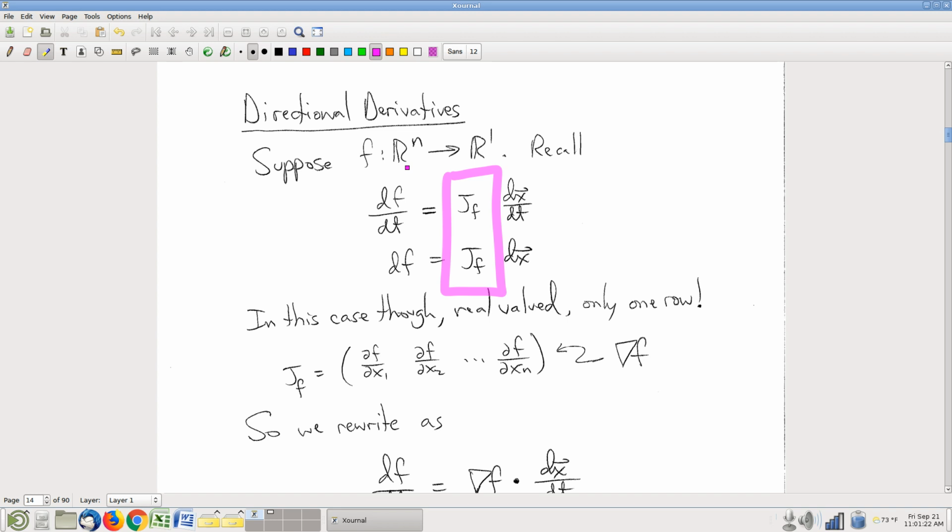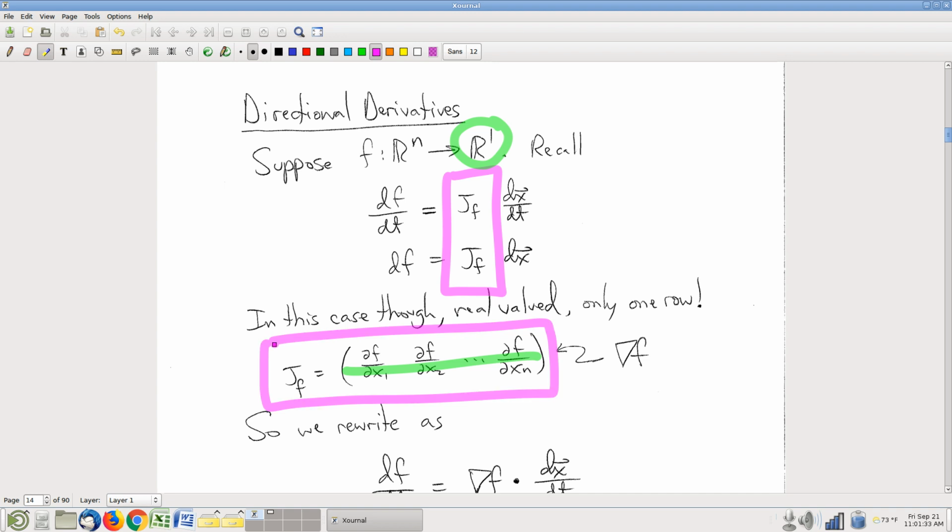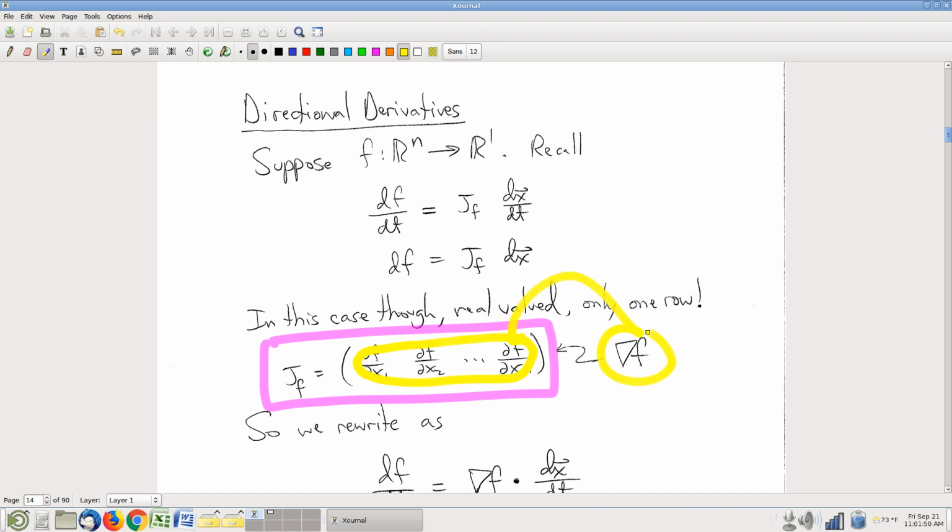Okay, well, now, don't forget the way this Jacobian matrix is organized. In this case, where there's only one output value, our Jacobian matrix is going to have only one row. Think about how those partial derivatives go into the Jacobian matrix. One output, one row. And those numbers that make up this Jacobian matrix, that's the gradient vector.